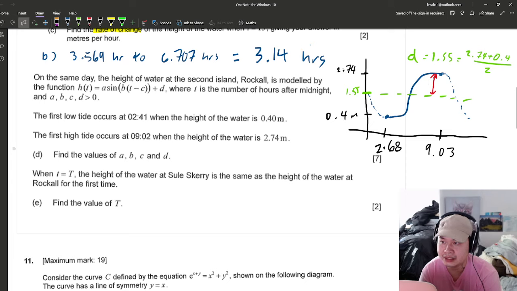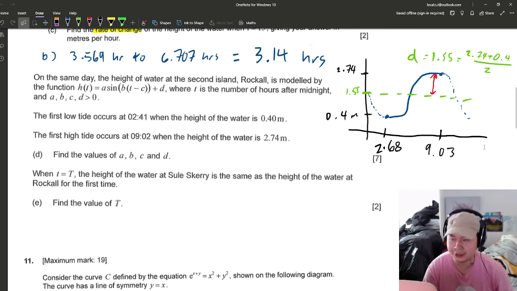You can also take the maximum and the minimum. If you subtract these two, that's the distance from the minimum to the maximum, and that's double the amplitude, and then you can divide that by 2. And it doesn't matter how you do this.